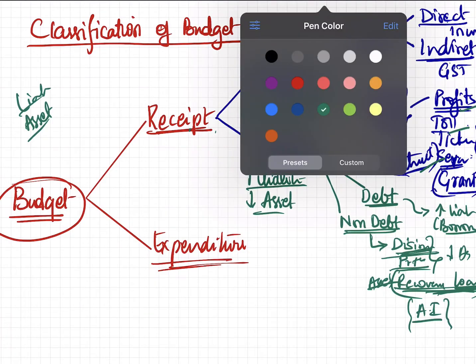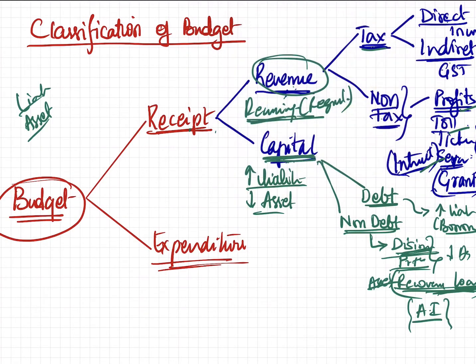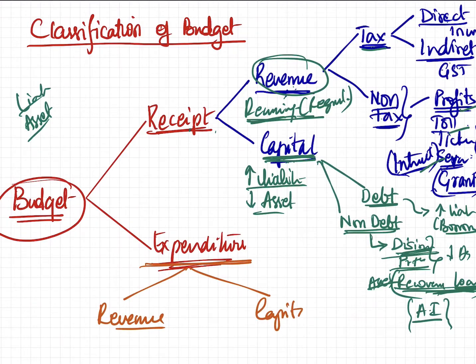Okay. Next is your expenditures. Expenditures are also classified into two: revenue expenditure and capital expenditure. So what is revenue expenditure? Yesterday I told you revenue expenditure is any expenditure that does not reduce liability or increase asset.